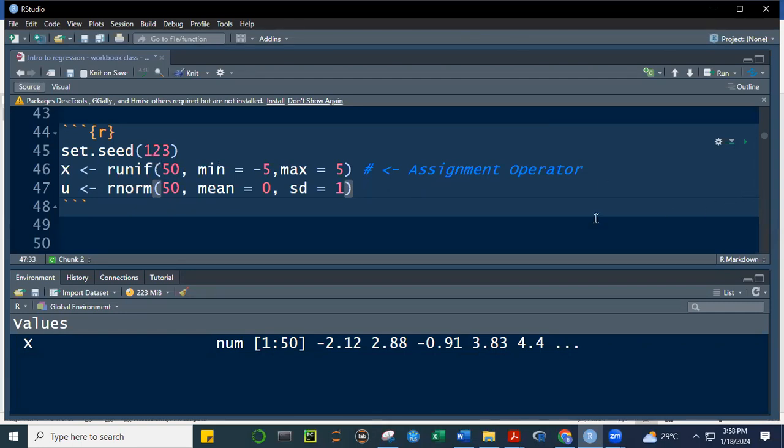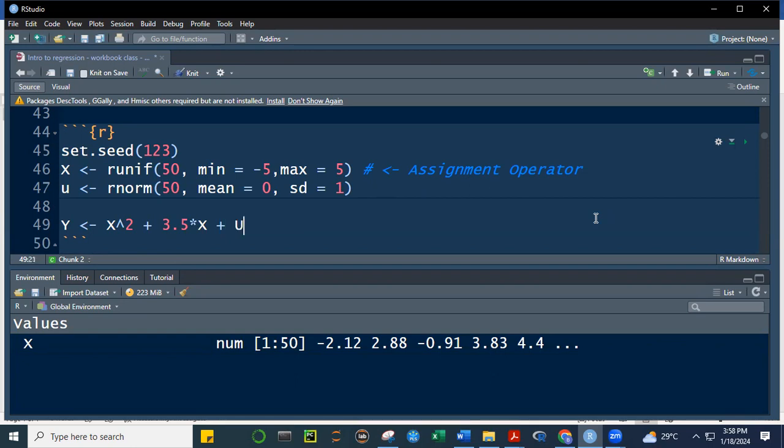And then lastly, I'm going to create our variable y. So capital Y, Alt minus in my case, and then I'm going to make it X, okay, X caret 2 plus, let's say 3.5 times X plus a certain random number.